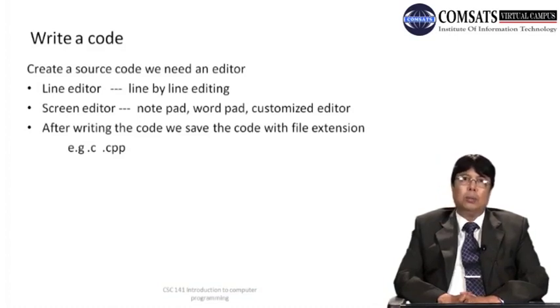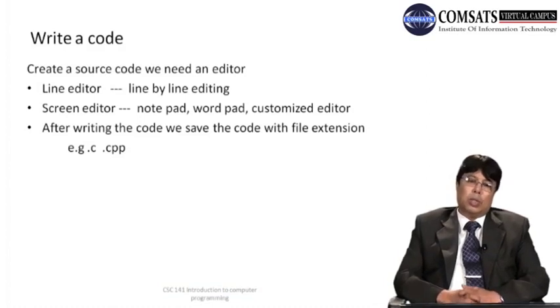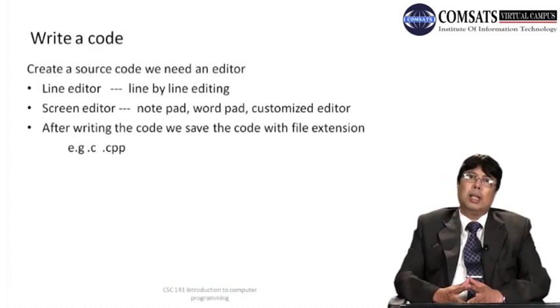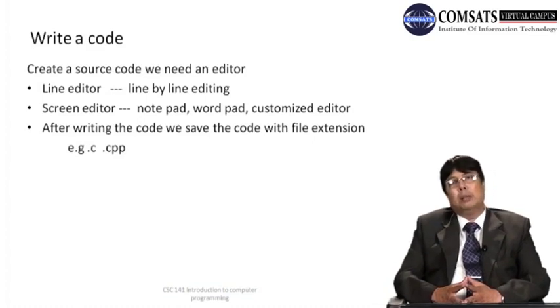After writing the code, you are required to save the file. For that purpose, there is a default file extension. Depending upon the compiler we are using, there can be 2 types of default file extensions.